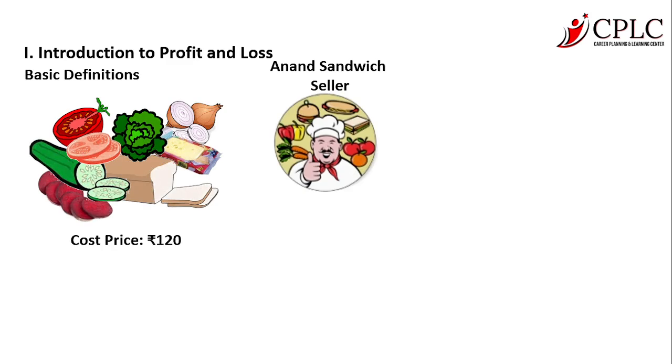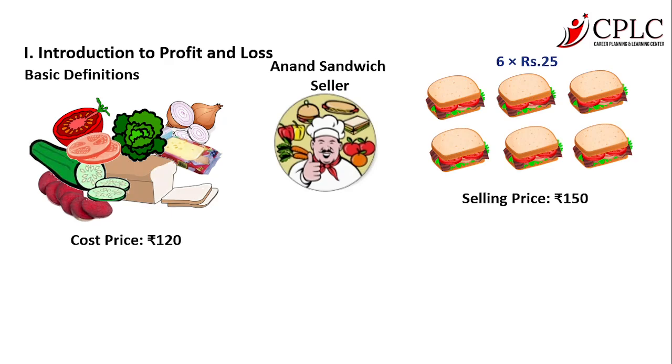Let's assume all of that raw material which is required to make sandwiches costs him 120 rupees. And using all of this raw material, let's say he's able to make six sandwiches and he sells each sandwich at 25 rupees, for example. So if he's able to sell all six of them, he'll be making 150 rupees as the revenue, or that rather becomes our selling price.